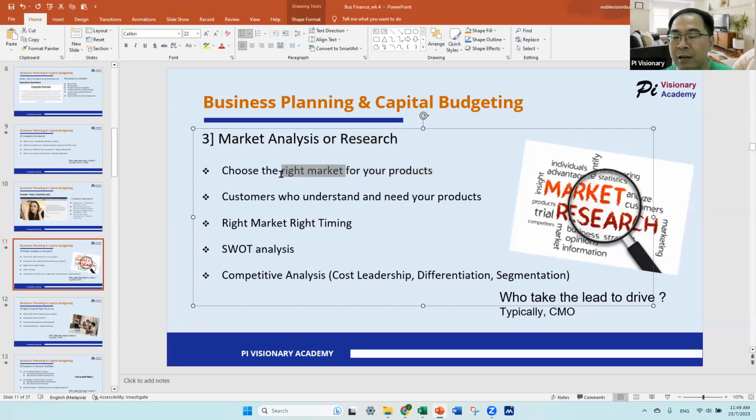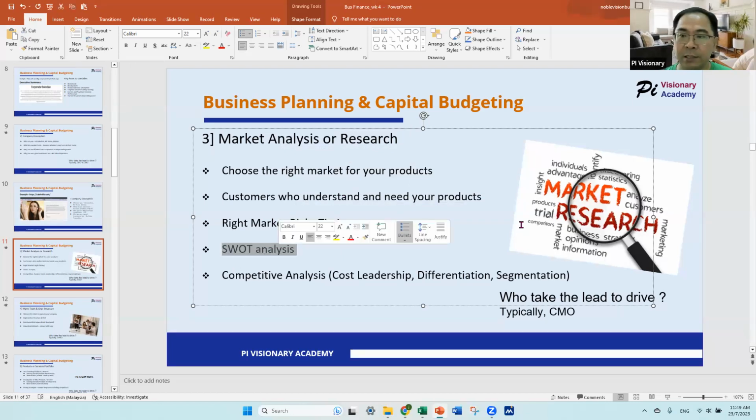So to identify the right market in Penang or Johor, Indonesia or Singapore, and what are their needs, and also when is the right time. These are the few things usually captured by market research.